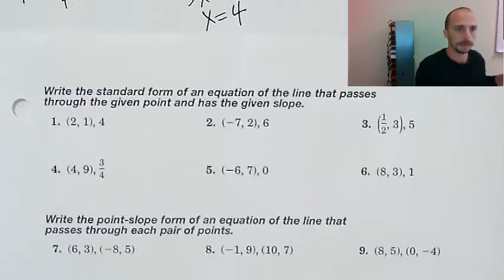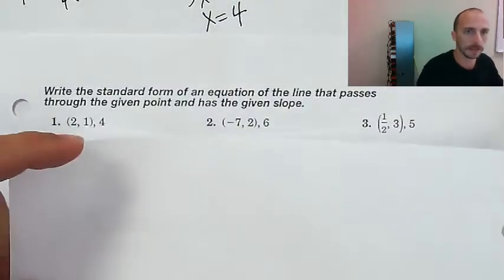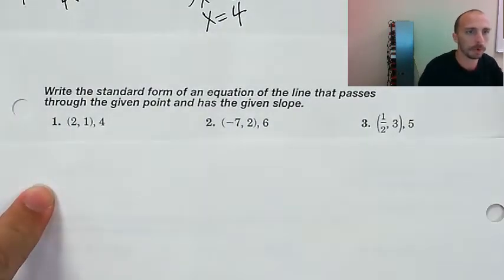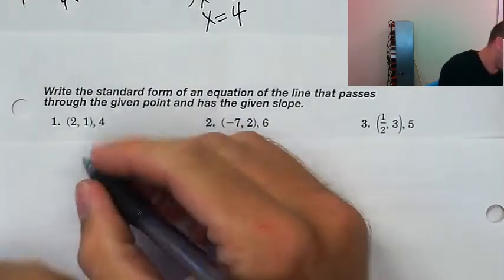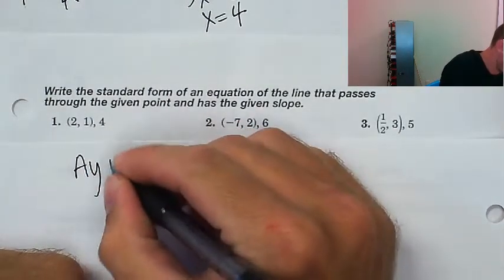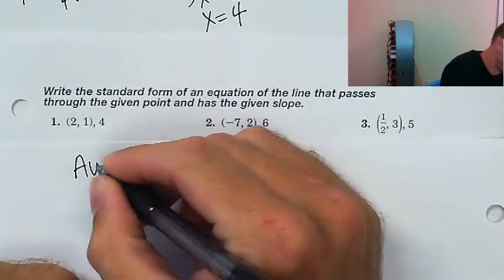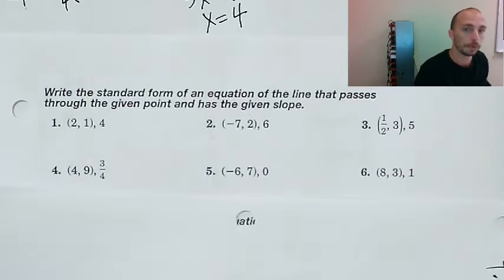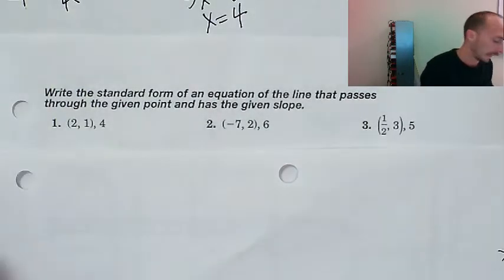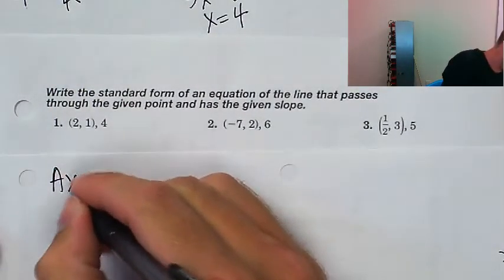So the standard form of an equation that passes through the given point and has the given slope. I think it's time for us to kind of discover the formula for. Oh wait, no. Just forget that. Try again. We've got ax plus by equals c.